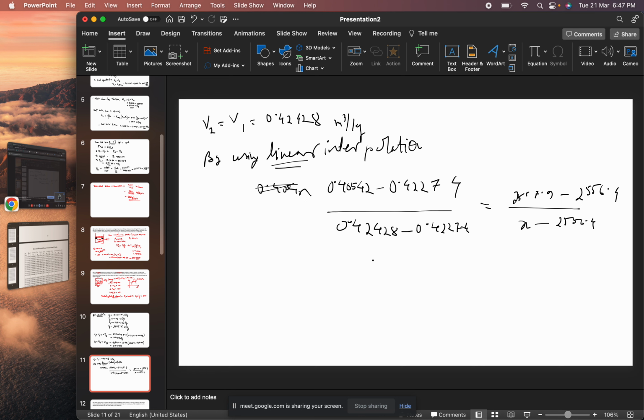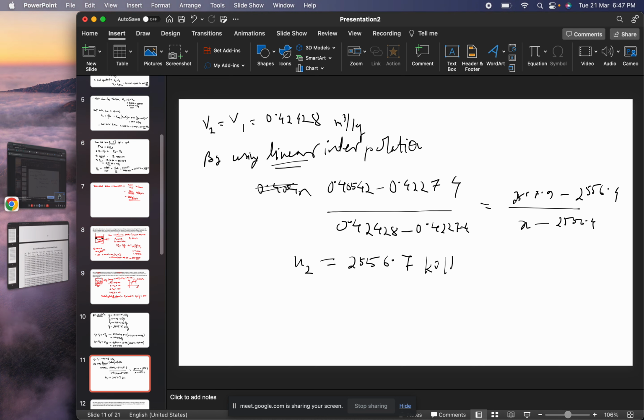Doing all this and then adding up this one, we will finally get this u2 value as 2556.7 kilojoule per kg.